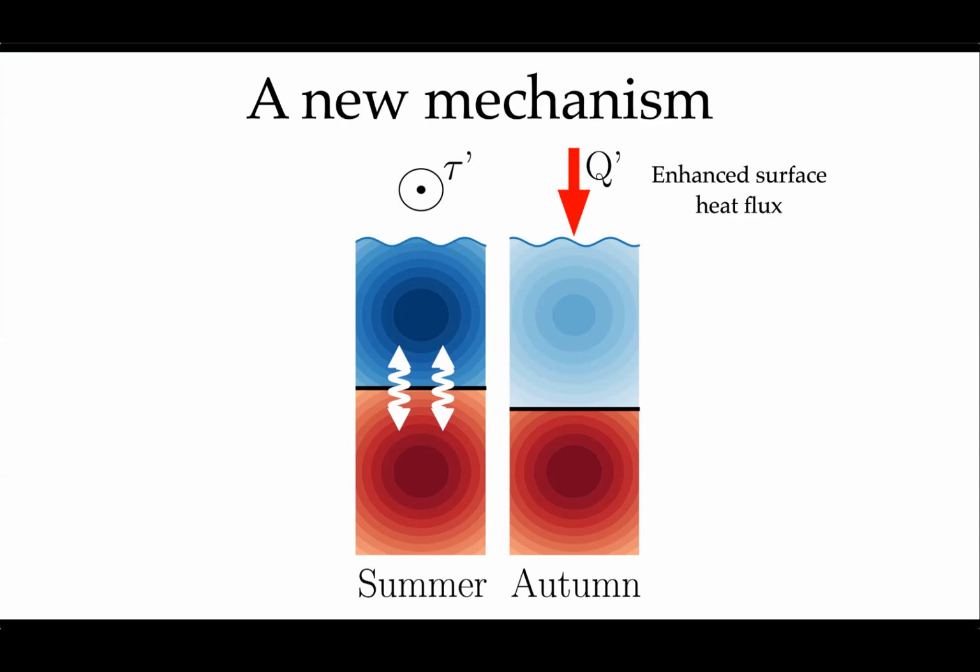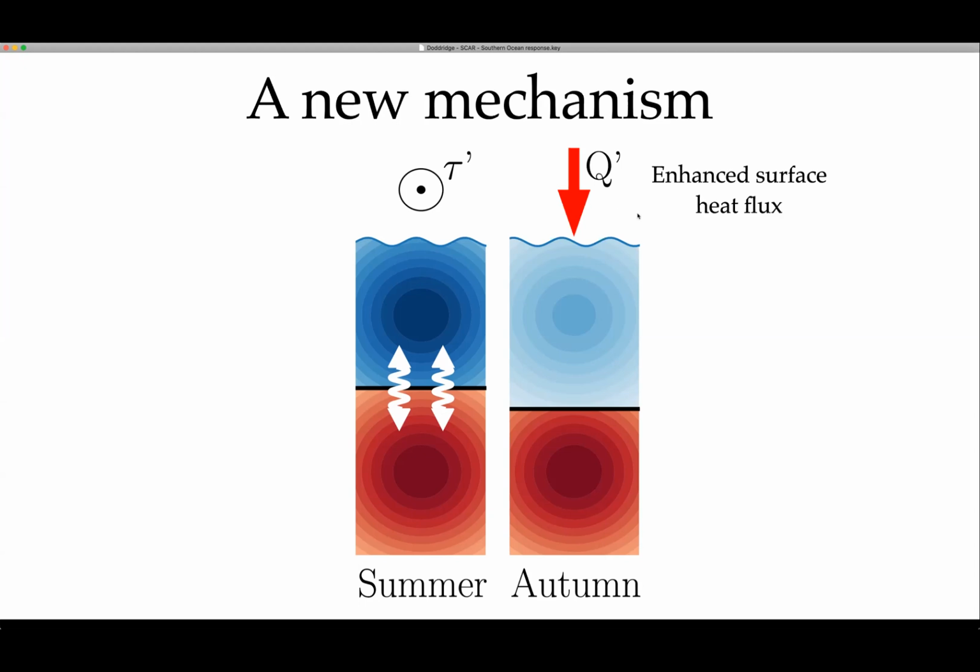So it draws heat down from the atmosphere, which warms up the ocean and hence decreases this anomalous cold. But the subsurface warmth doesn't feel the atmosphere there. So what we've done now is we've increased the vertically integrated ocean heat content in the surface ocean. So we've got a positive warmth at depth, and then we've essentially damped out this cold at the surface due to the atmospheric heat fluxes.